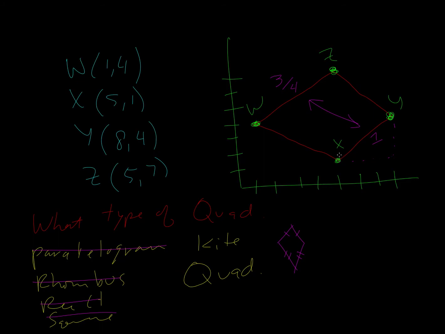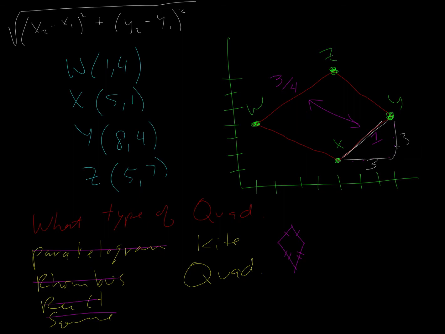So X to Y, if we do the distance formula, just to review, it's going to be the square root of x2 minus x1 squared plus y2 minus y1 squared. Another way we could think of it is, it's just 1, 2, 3, and then 1, 2, 3, and then this hypotenuse.